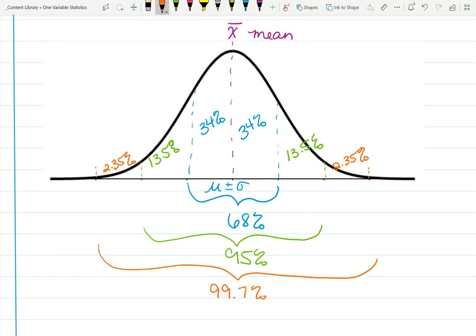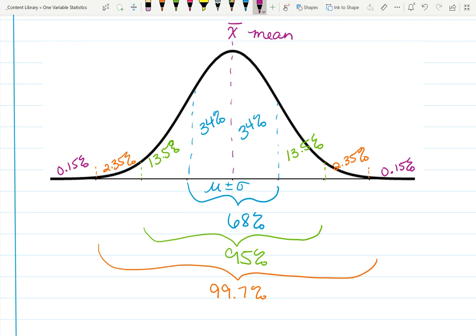But you do need to know these percentages because you will be asked these questions. So we've just got a little 0.15%. So a portion of a percent, just a little bit on the tails again, maybe if you have an outlier or something. But normally distributed data follows this principle.